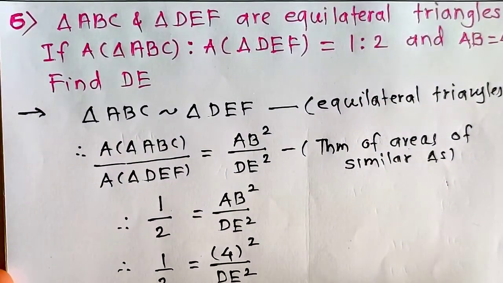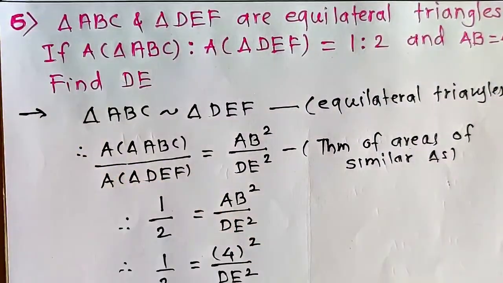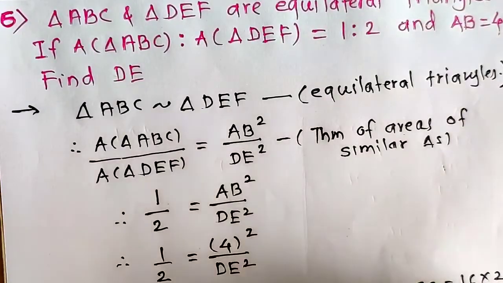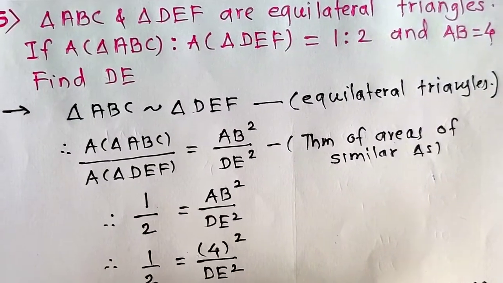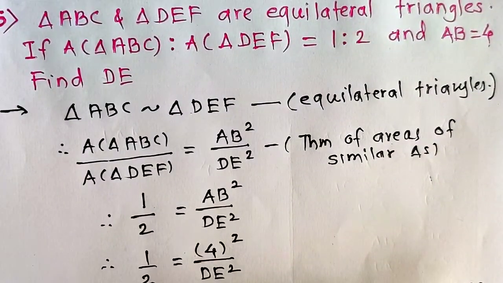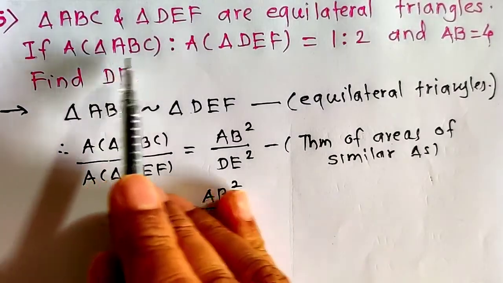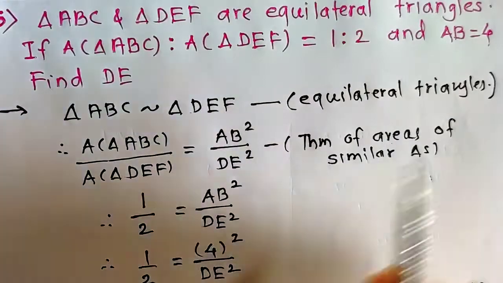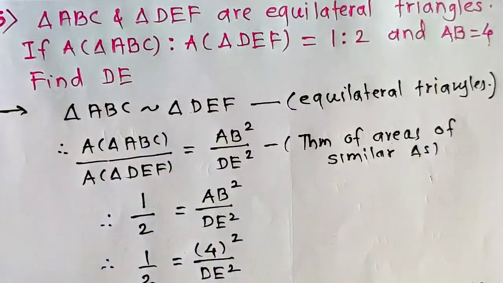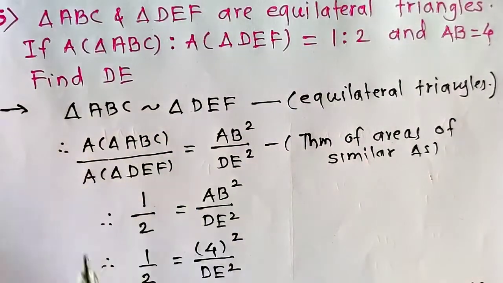Let us see that sum again. Here ABC and DEF are equilateral triangles. Remember, all pairs of equilateral triangles are always similar. If the ratio of the areas of triangle ABC and DEF is 1:2 and AB is 4, find DE. Now these triangles are similar. Reason? Because these are equilateral triangles.